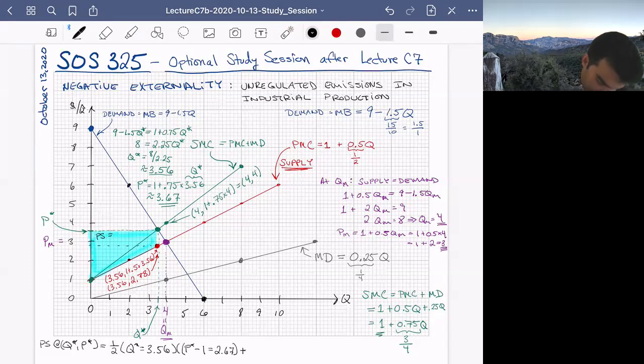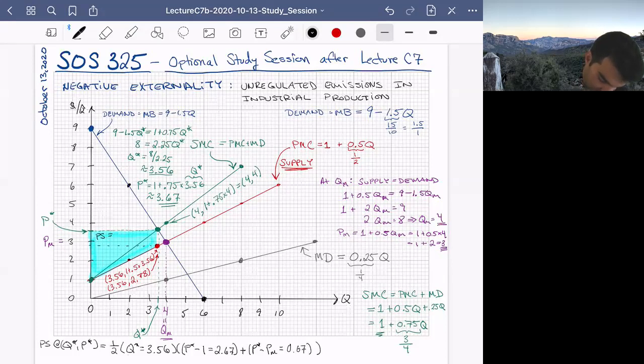And then I add in the second height, over here, which is equal to P star minus PM. In this case that's 3.67 minus 3, which is just 0.67.